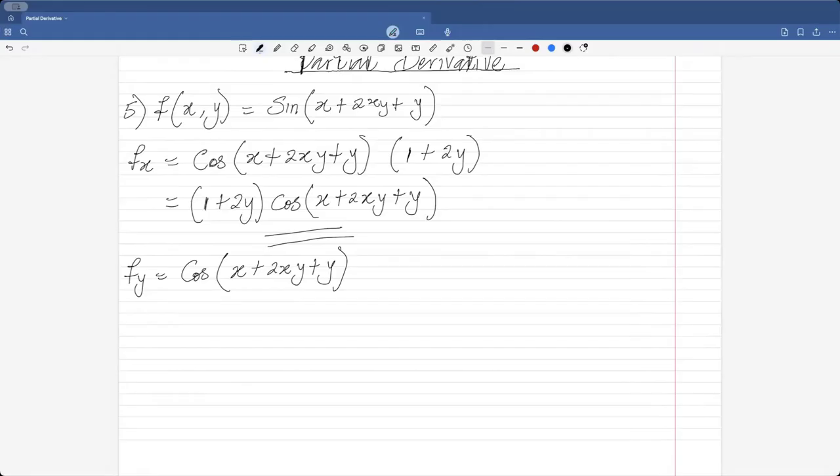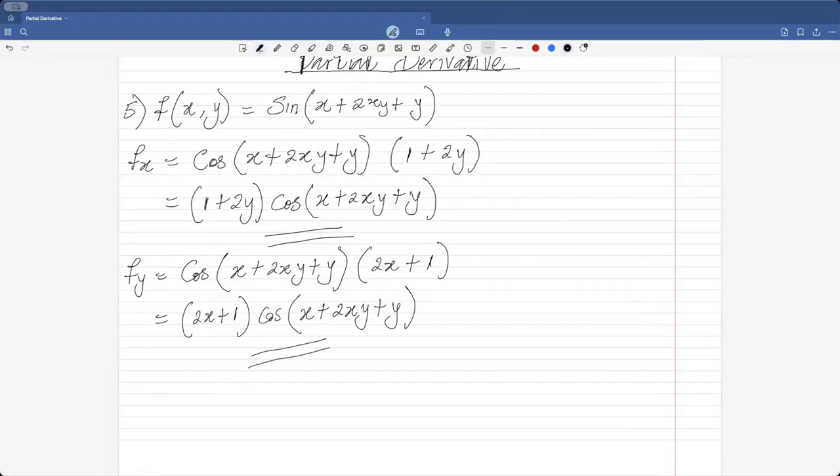The derivative of 2xy is 2x, and the derivative of y is 1. So finally, we have open parenthesis 2x plus 1 close parenthesis cos open parenthesis x plus 2xy plus y close parenthesis, and we have the final answer.